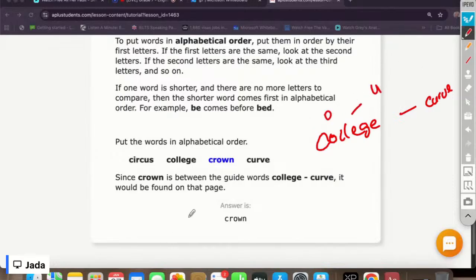So O to U. Of course, we cannot find circus because it is I that is the second letter and I is in front, okay? So you have I, of course, before you have O later on in the alphabet. But we have crown and R is in between O to U. So in between these alphabets, when you see the alphabet completely, you're definitely going to get R, okay?